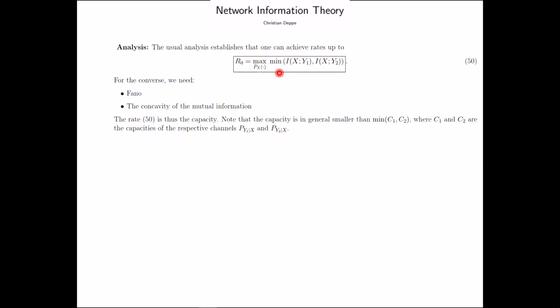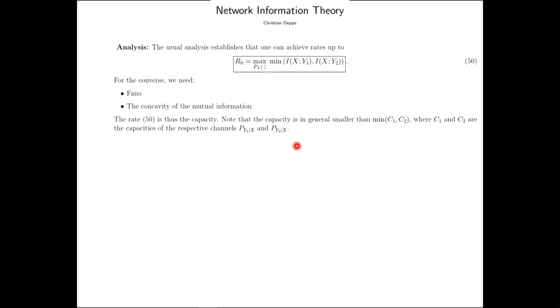Because if we have only one decoder with this marginal channel X and Y1, and we don't care about the second decoder, then the first decoder achieves this rate here, and the second decoder achieves also some rate, but of course perhaps in the maximization, it's not the correct distribution chosen here. So that's the reason why we have to take here the maximum and the minimum. And the converse is also very similar to the discrete memoryless channel. We use Fano and concavity of the mutual information.